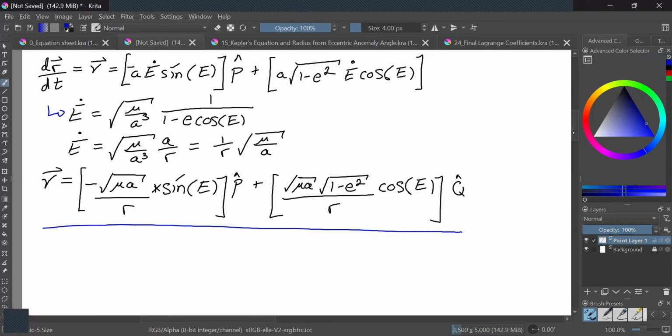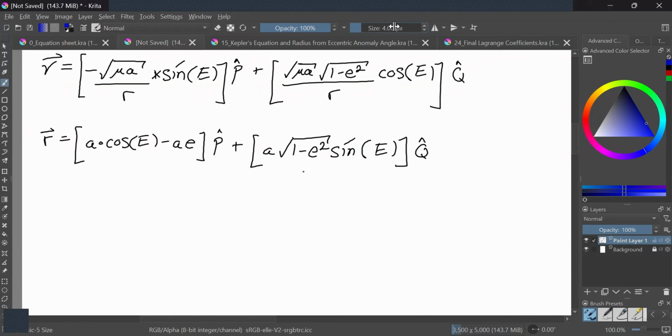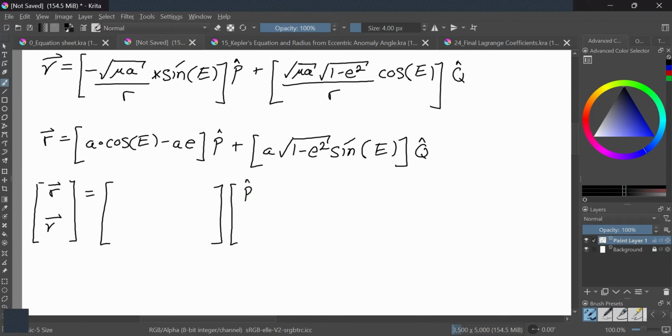So give me just 1 second and I will copy down radius here just so that it is all in one place for me. All right, so I have copied over the radius and I got rid of the blue lines because that's going to get in the way. So if you recall from, I believe it was the second video in the micro series, we made a vector with r and v, and we put everything in terms of p hat and q hat.